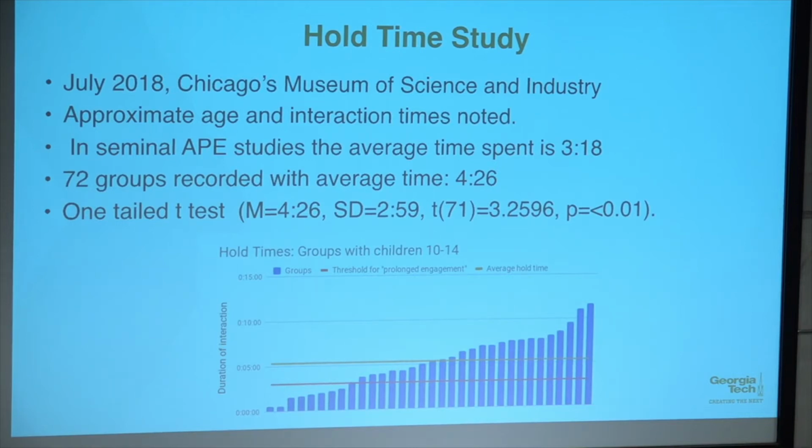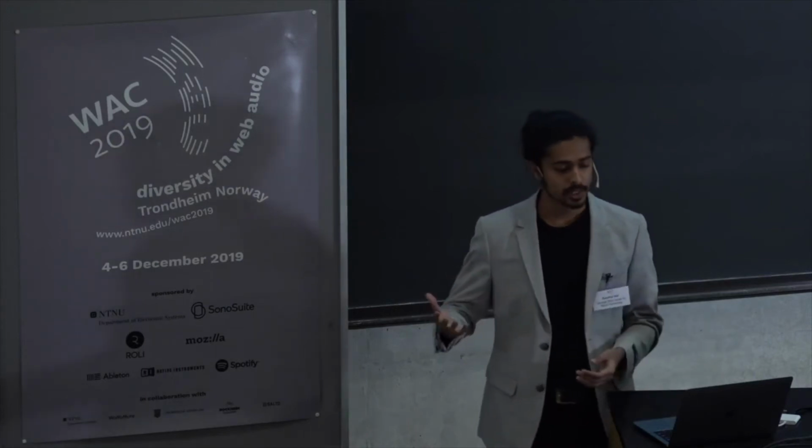We recorded 72 groups and saw that the average time spent was 4 minutes and 26 seconds. We verified these results by conducting a one-tailed t-test, and these are the results. The conclusion of this time study was that GrooveMachine was indeed able to trigger situational interest.